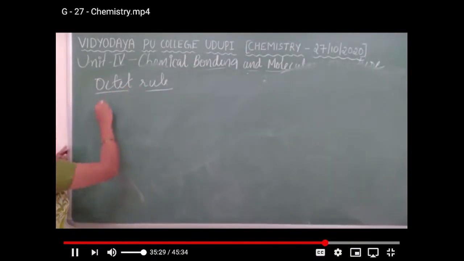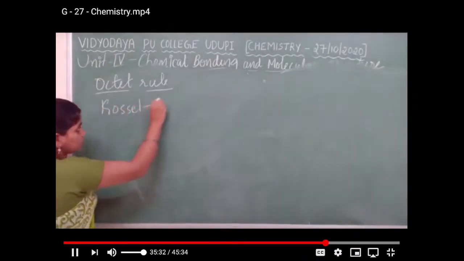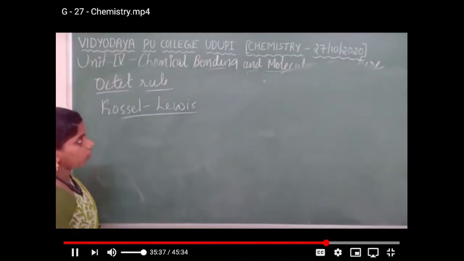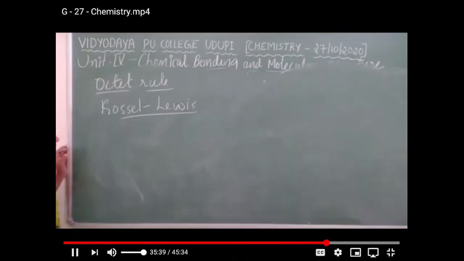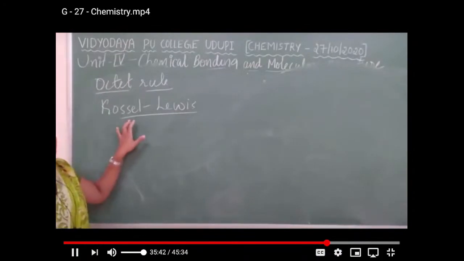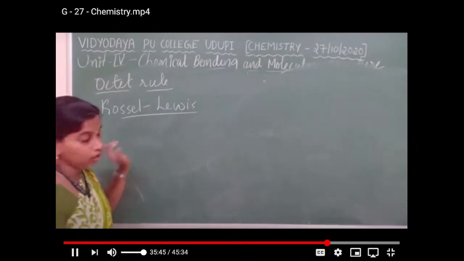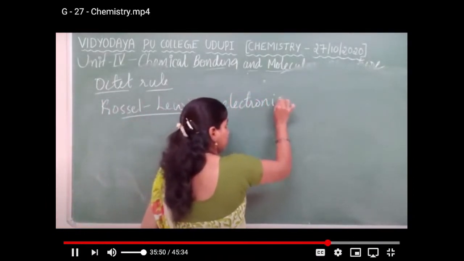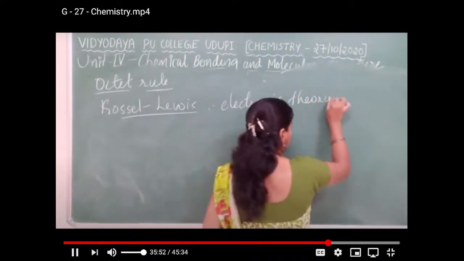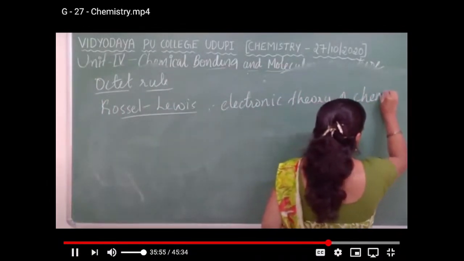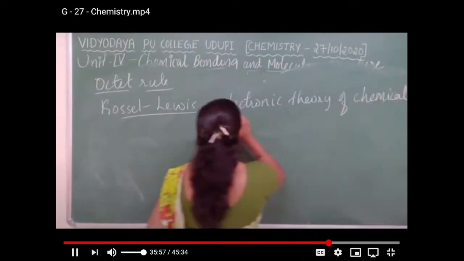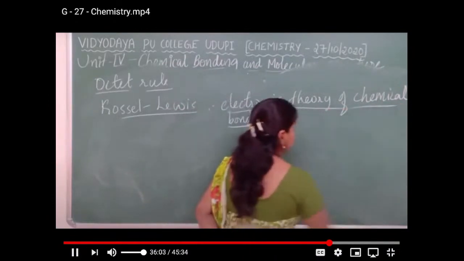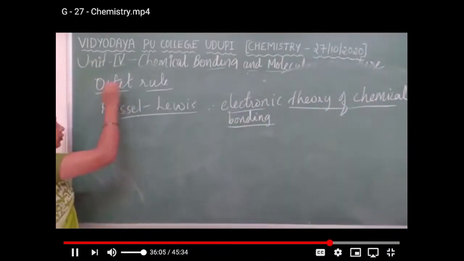Here, Kossel and Lewis, both scientists, worked on the chemical bonding theory, and the theory is called as electronic theory of chemical bonding. And they gave the octet rule.